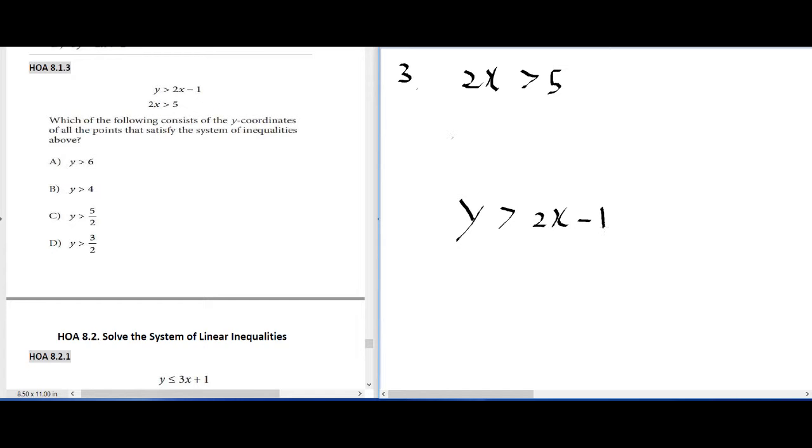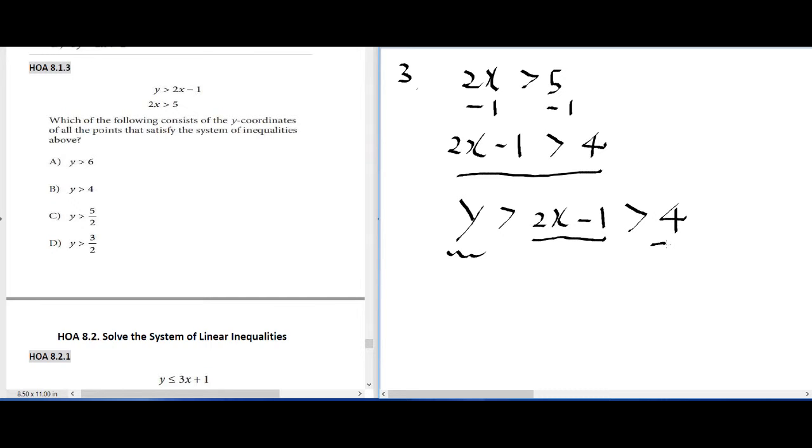You just make 2x minus 1, and that must be greater than 4. I just subtract 1 from both sides. So this is 2x minus 1, and we already got this greater than 4, which means y is also greater than 4. That's it. You understand me?